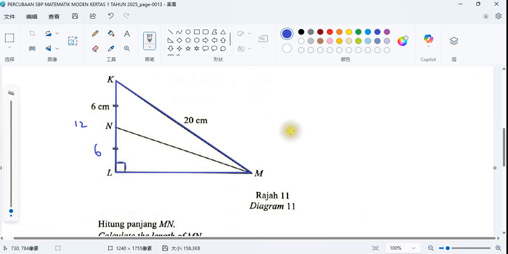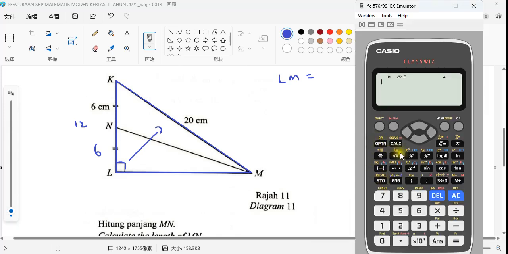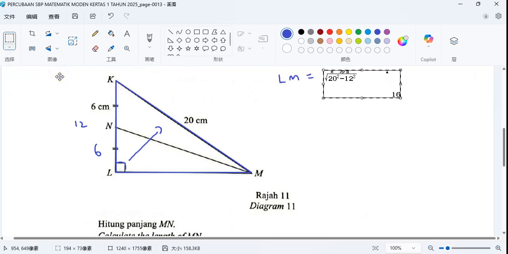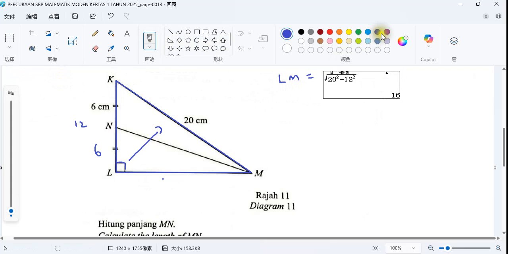So this is 12 here. So this is the longer side, so LM is the shorter side. Then it will be 20 square minus 12 square. So we have 16, then this is 16. Then we want to find the value of MN.